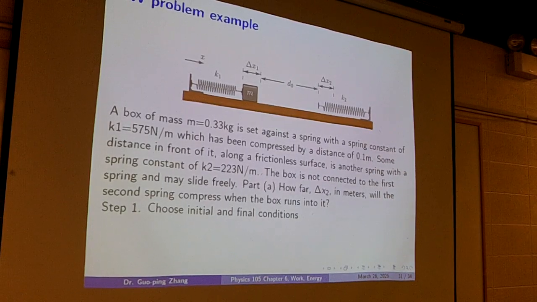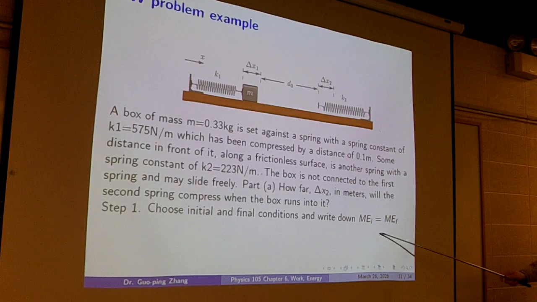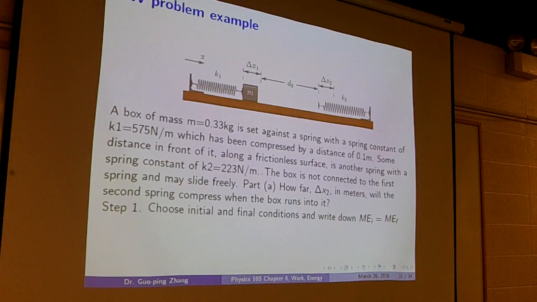These are the two steps we're going to utilize. Then we write them down, and the initial and final mechanical energy will be exactly the same. So we're going to solve for this. That's the first step. And the second step, we solve for delta x. That's the key step.